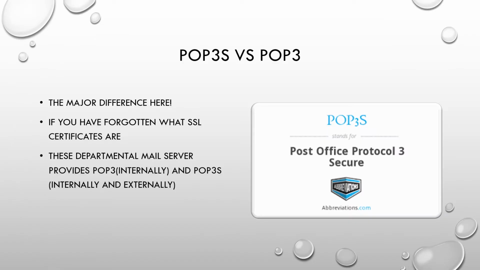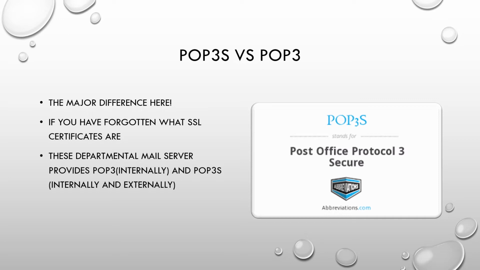So what are the major differences between POP3S and POP3? Well, the major difference here is that POP3S is over a secure socket layer, or SSL. Just in case you've forgotten what SSLs are, they're small data files that digitally bind a cryptographic key to an organization's details.